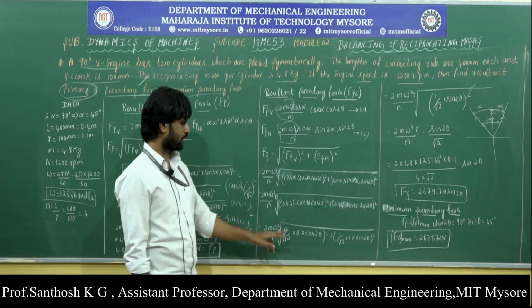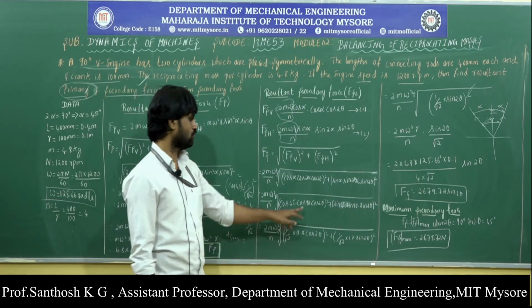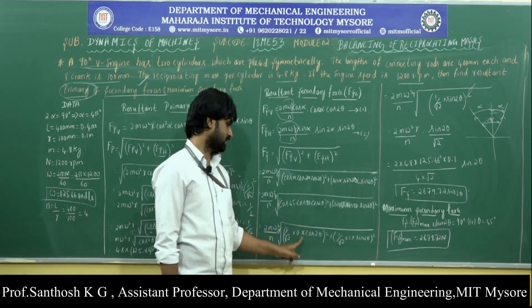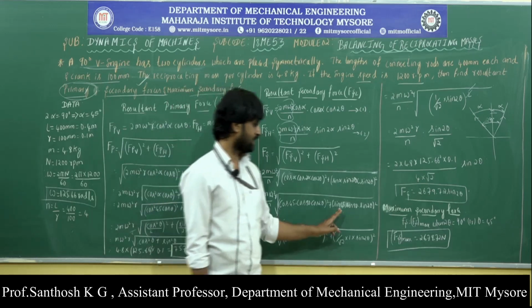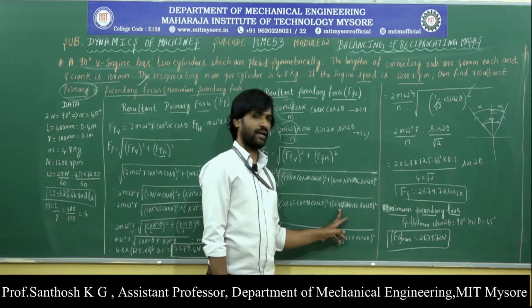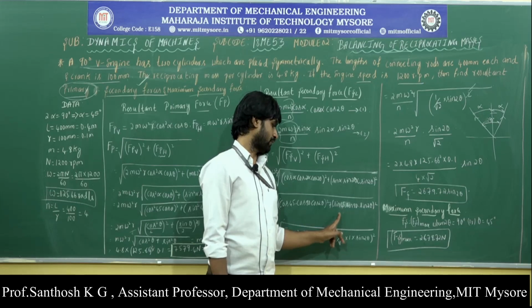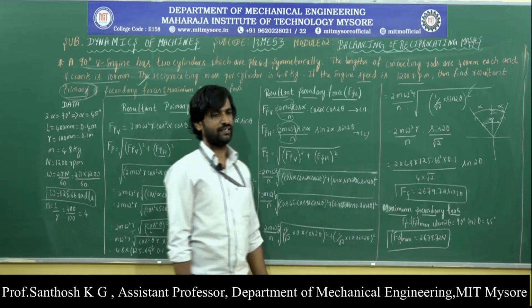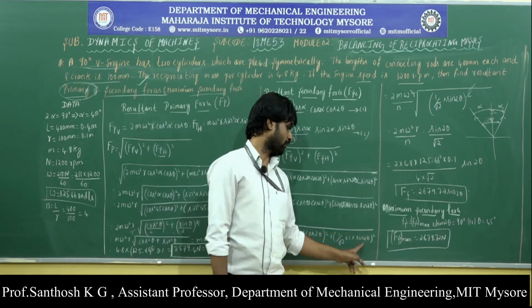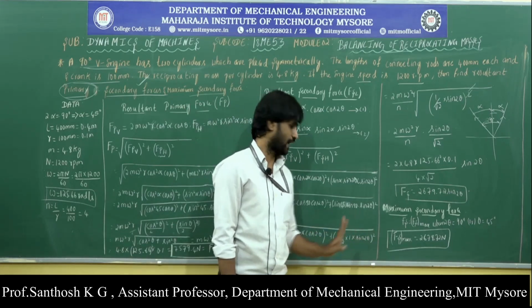The value of cos 45 is 1 by root 2 and the value of cos 90 is 0, and I am keeping cos 2 theta as it is. The value of sin 45 is 1 by root 2, the value of sin 90 is 1, and sin 2 theta I am keeping as it is.